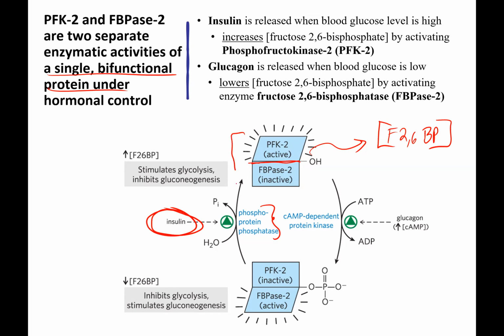In the dephosphorylated state, this enzyme is active. If it is active, PFK2 predominates, and we raise the concentration of fructose 2,6 bisphosphate. I'm going to give you a moment to absorb that because it's sort of a lot to take in, right?